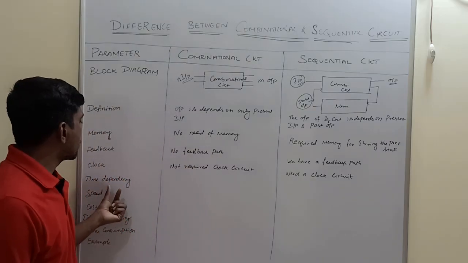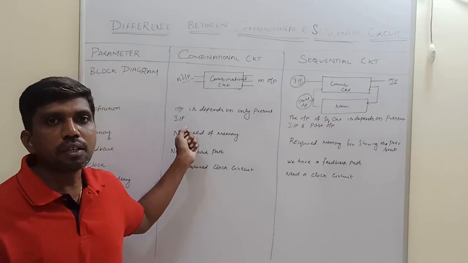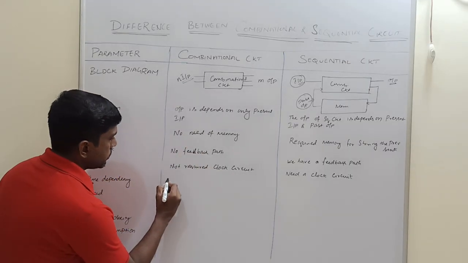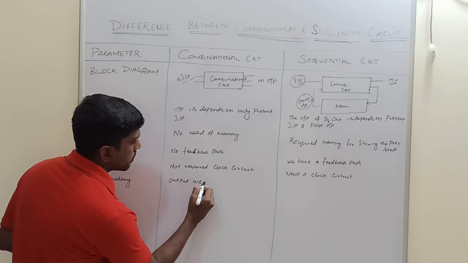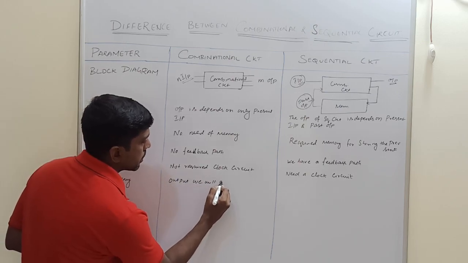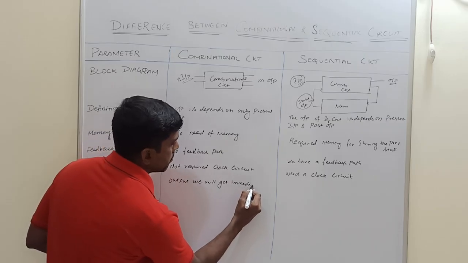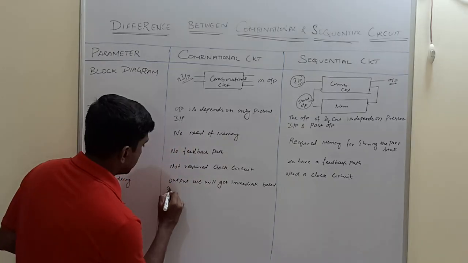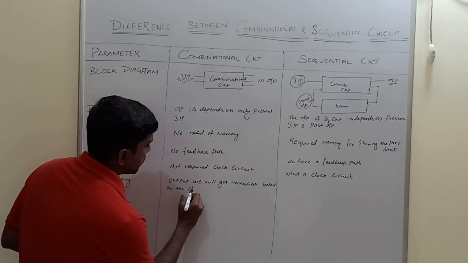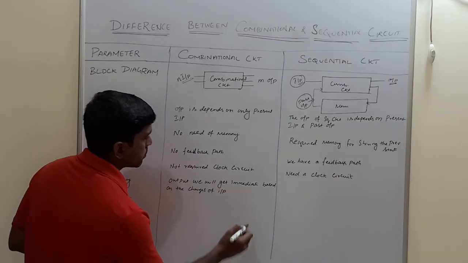The next one, time dependency. In the combinational circuit, we will get the output immediately based on the changes of input.